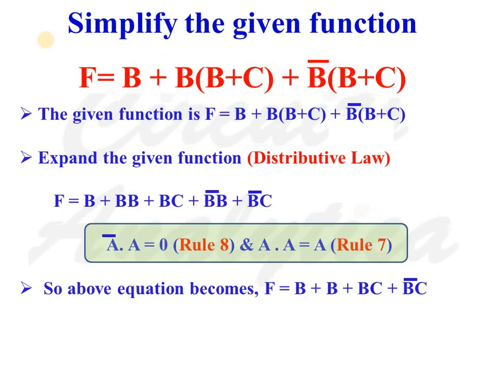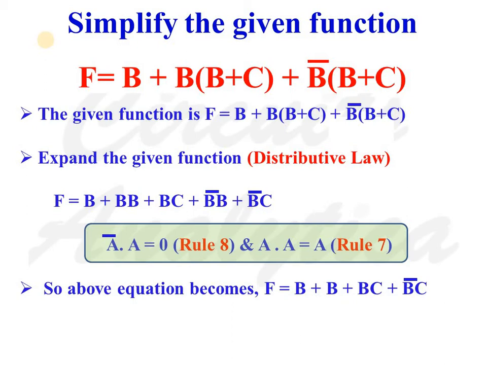Simplify the given function F is equal to B plus B into (B plus C) plus B bar into (B plus C). We can expand the given function using distributive law.